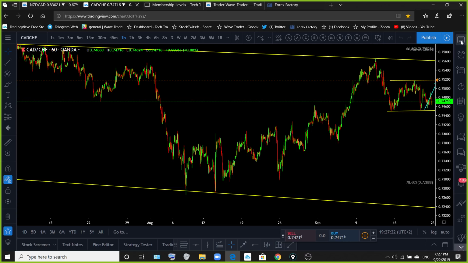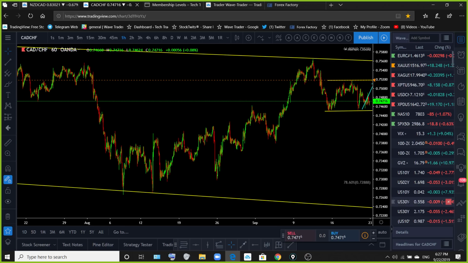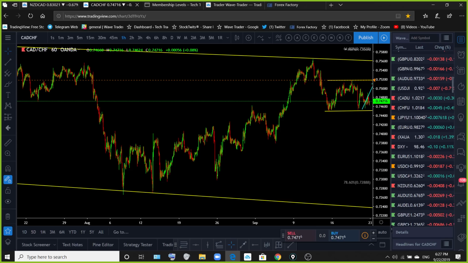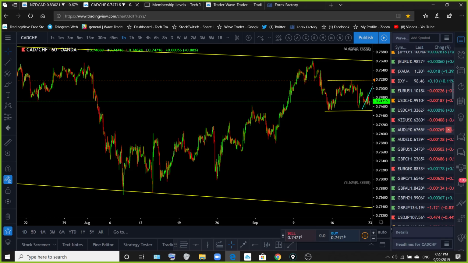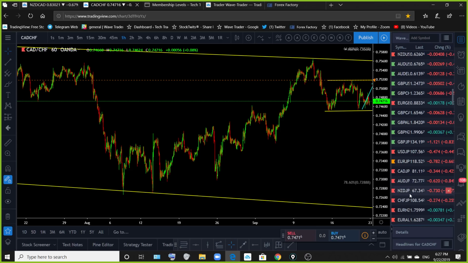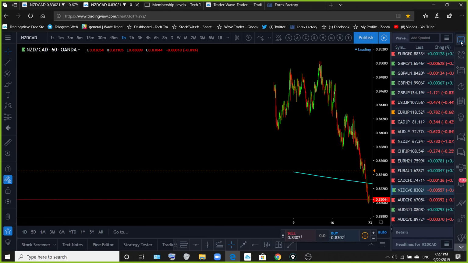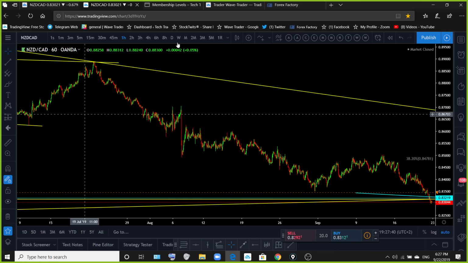The setup is going to be very similar to the Euro New Zealand dollar chart. The price action is going to be similar to what I have just shown you on the Euro New Zealand dollar chart.